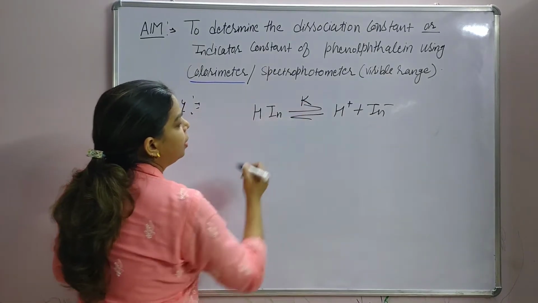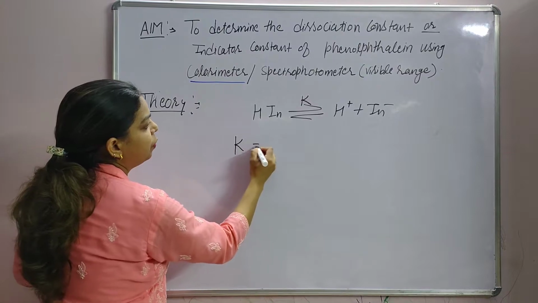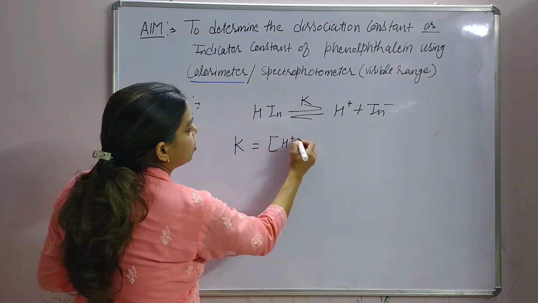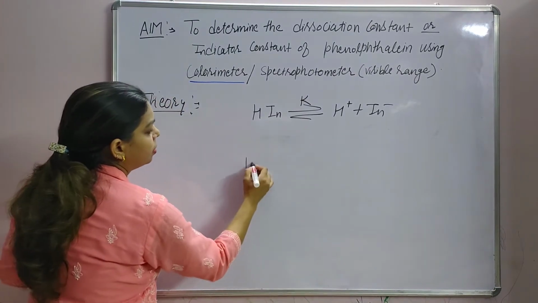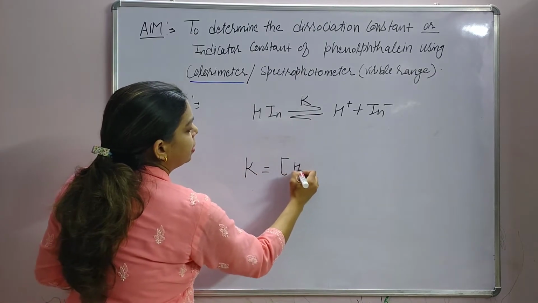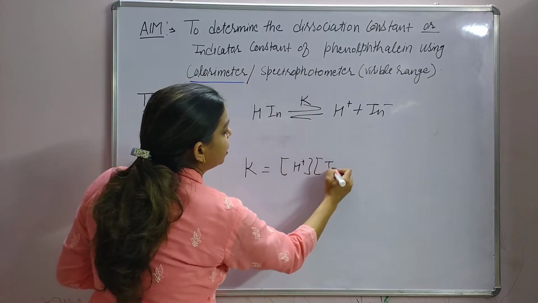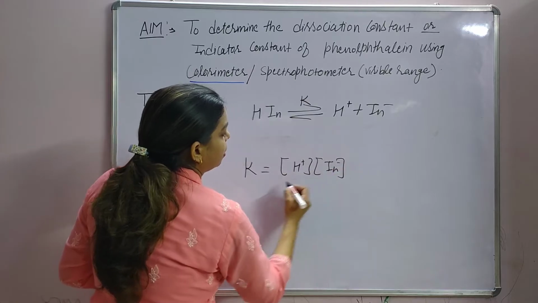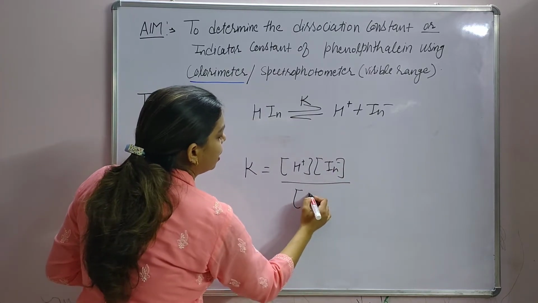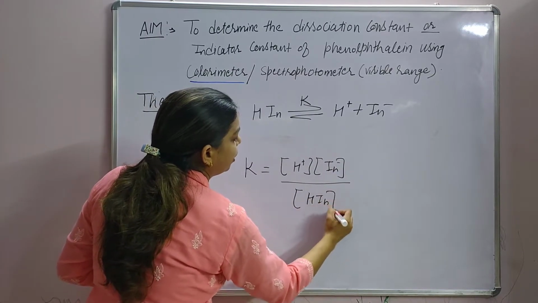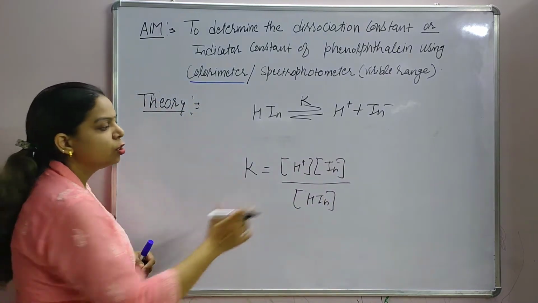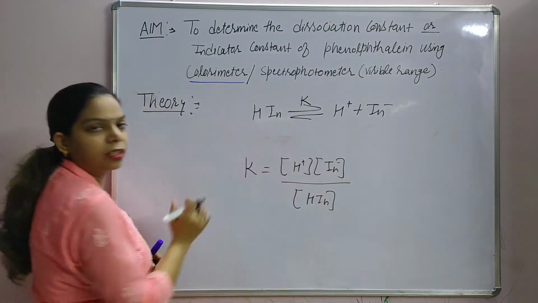If K is the equilibrium constant, then K will be the H plus ion concentration multiplied by the In minus concentration, divided by the total protonated form of indicator concentration. So product and reactant concentration.